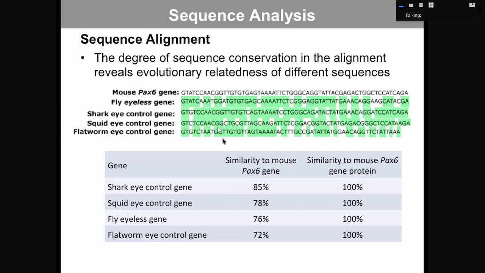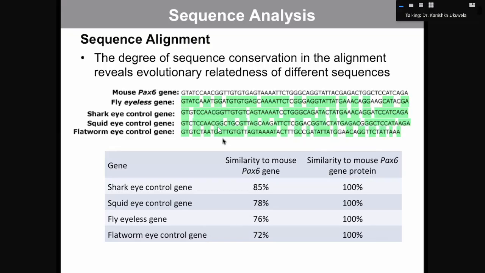Another thing about this is that if you look at the level of sequence conservation in an alignment, we can understand the level of evolutionary relatedness of different sequences. For example, if sequences are highly similar among different organisms, that is a very good indication of evolutionary relatedness among different species.